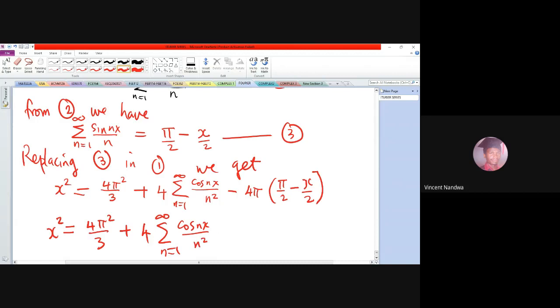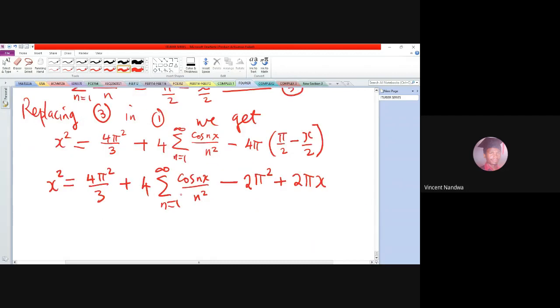So this time this one we get minus 2 pi squared plus 2 pi x. And then let's make this the subject. In fact, I can multiply everything by 3 so that I remove this denominator here.